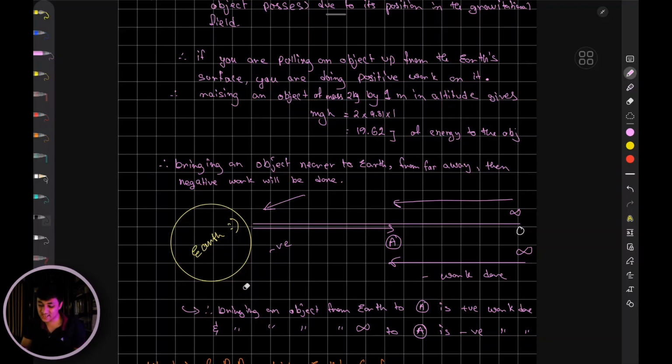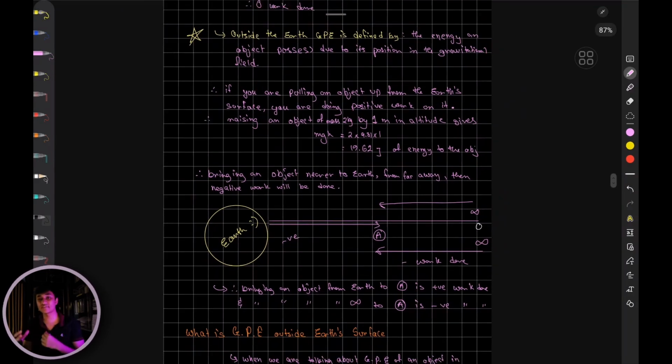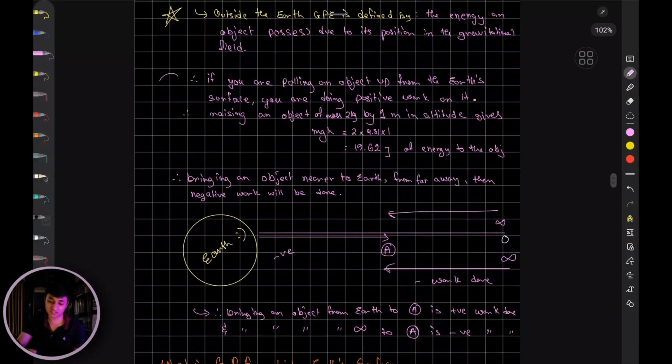However, when you move it away, you need to provide or transfer energy, in which case positive work is done. And bringing it from infinity to near the surface, negative work is done, because the work is done by the gravity of the mass. Therefore, the gravitational potential energy is always what? Negative, right? That is the main purpose of this whole explanation: near the surface, and always, the gravitational potential energy is negative.